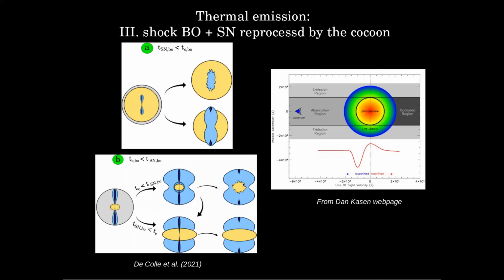This needs to be computed by a radiation transfer code to be explored in full detail, and to see if it's possible to explain the different objects seen as more or less broadline type 1c supernovae and other objects also by this landscape of cases.